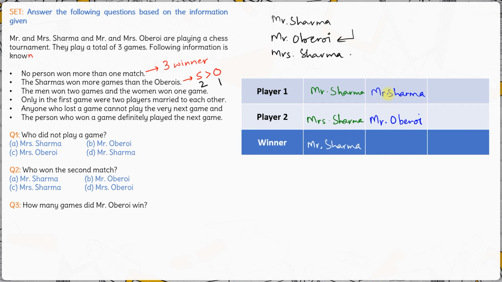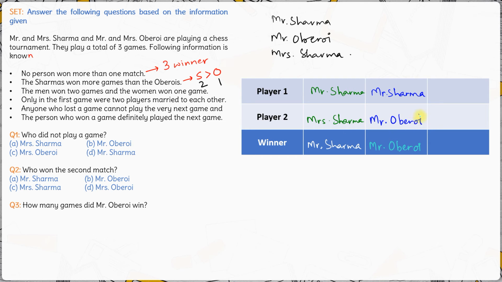Mr. Sharma cannot win another match, he has already won one. So this new player has to win the match, and out of Mr. and Mrs. Oberoi, only Mr. Oberoi can win. So the winner of this match will be Mr. Oberoi.